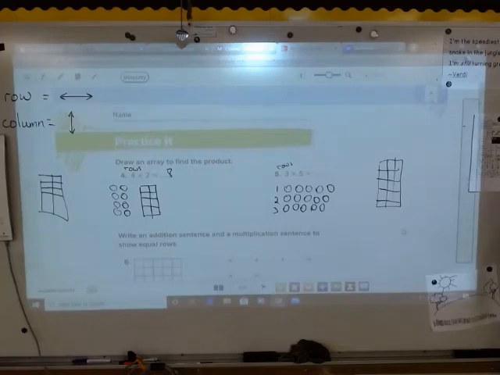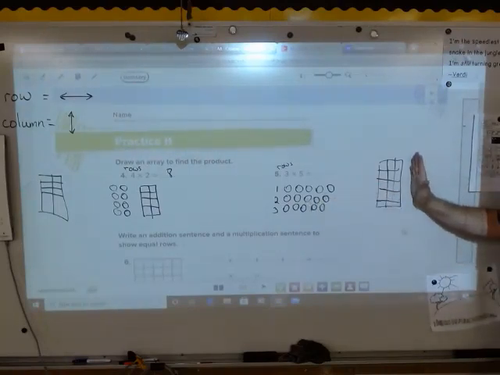Somebody tell me what property says it really doesn't make a big difference other than Mr. Springer's making a big difference out of it. What property says that? Yeah. Oh, what property is it? That was part of the question. Yes? Yeah, the commutative says these two things are exactly the same.